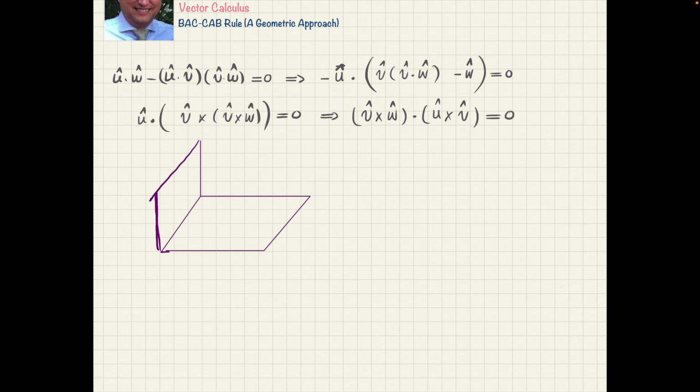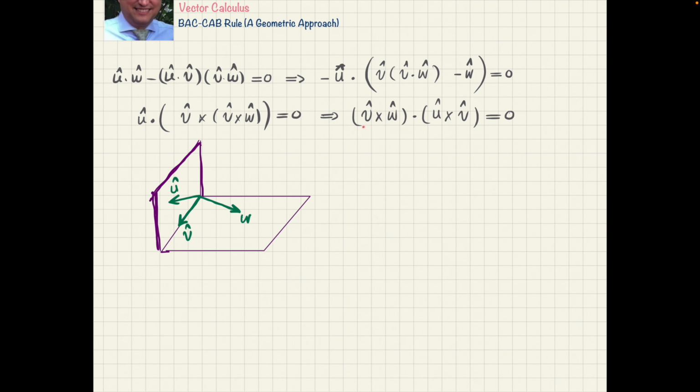So assume that something like this we have. Okay, and then this is the way that I am thinking about. So assume that this vector is the unit vector v, and this vector in this plane is the unit vector u, and this vector in this plane is the unit vector w. So that is exactly the meaning of this equation.